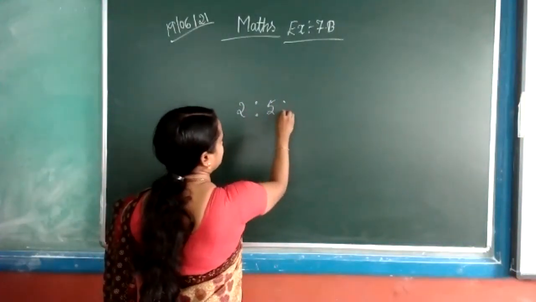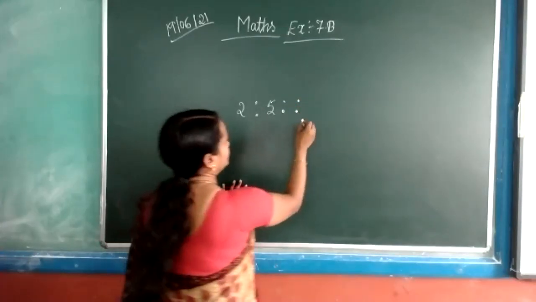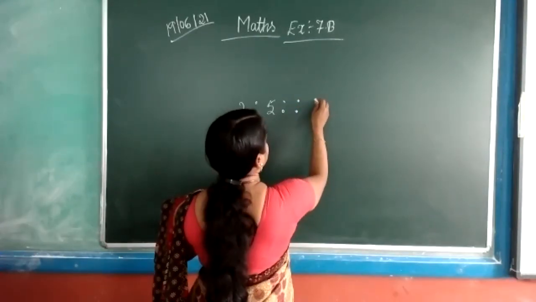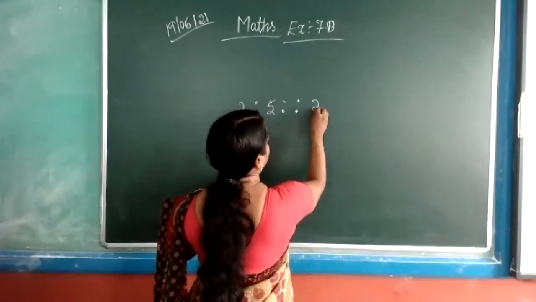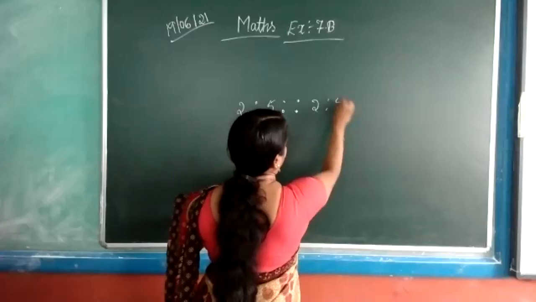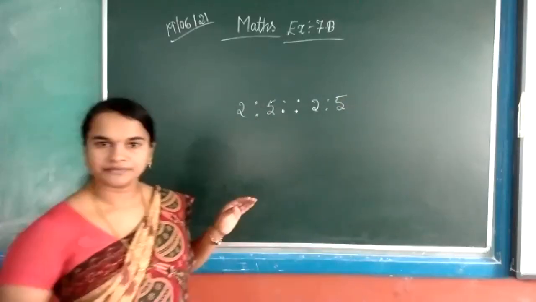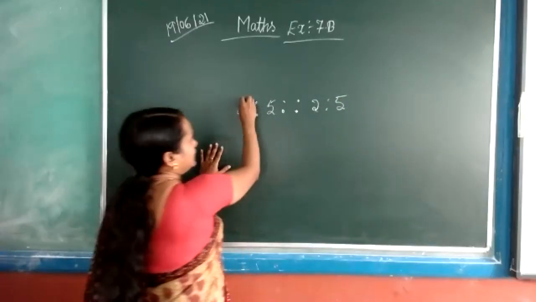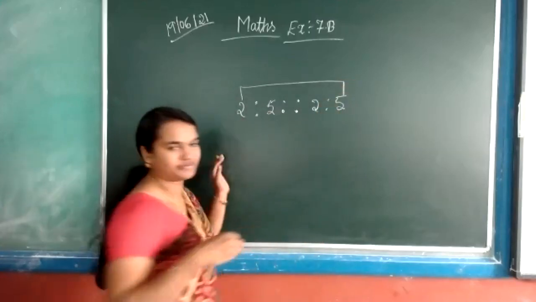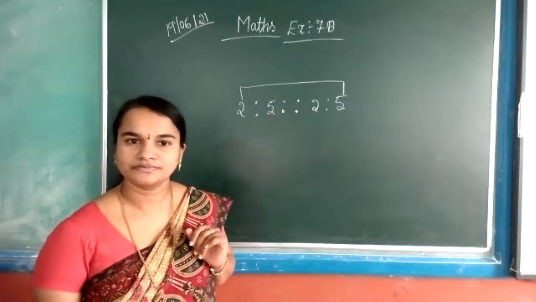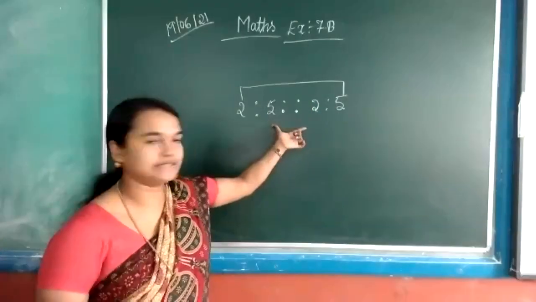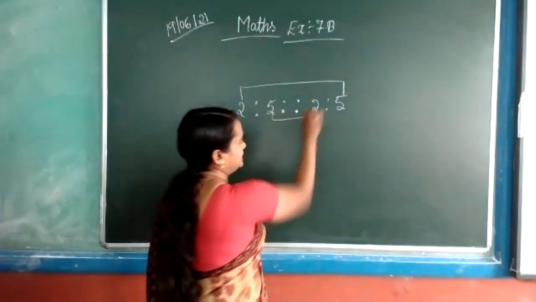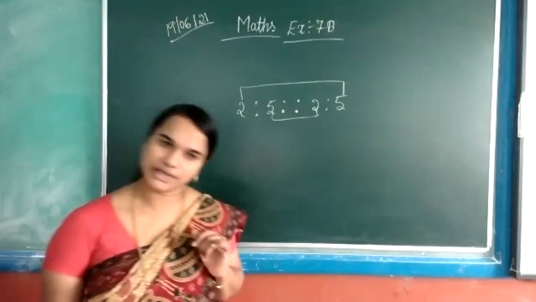I told you children, if anything is given, 2:5 is to... 2:5. Okay. So the first and last, what will we call? Extreme. And the center part, 5 and 2, we will call the mean.